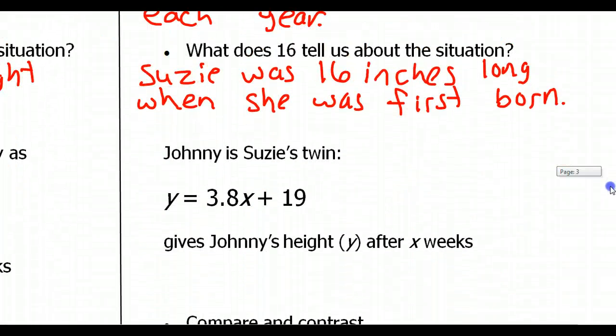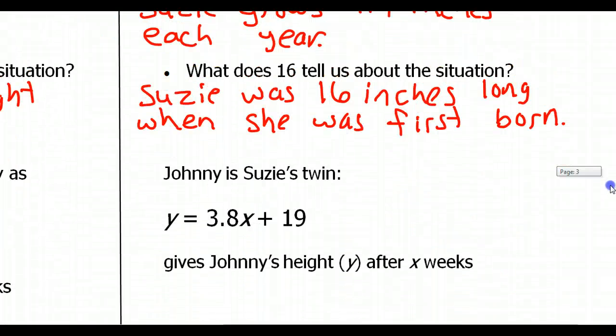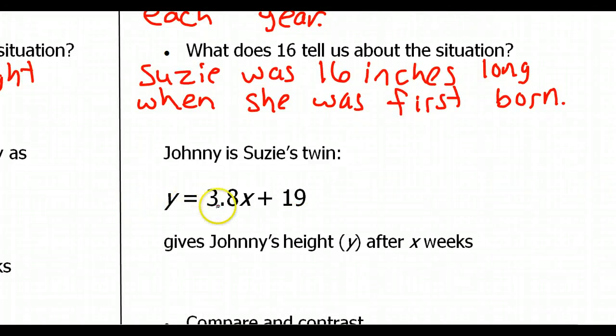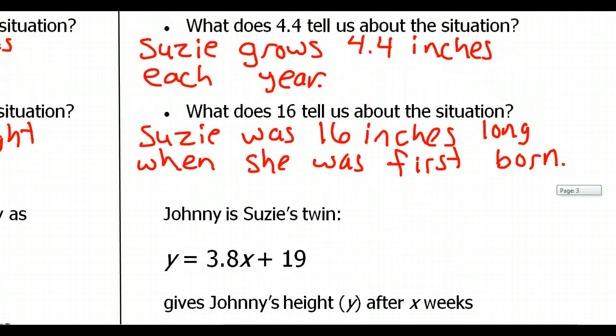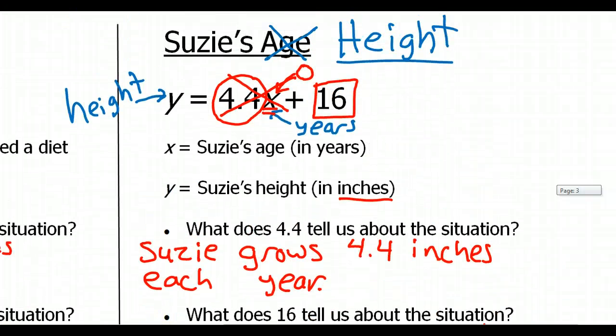Anything else? Johnny is Susie's twin. So here's another equation for Johnny. Same deal. This gives Johnny's height y after x weeks. Well, that's two different things.